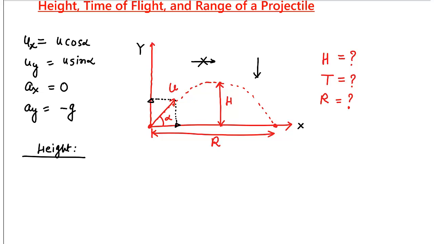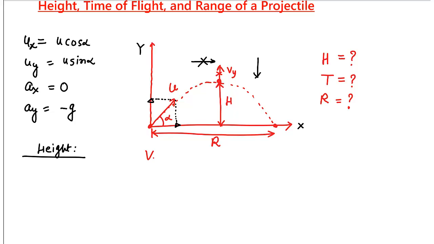The key idea is that when the projectile reaches the maximum height, that is this point, the y direction velocity is 0, because if there is still a y velocity, it will go still further, which means this will not be the maximum height. So when you have maximum height, there is no velocity in the y direction.